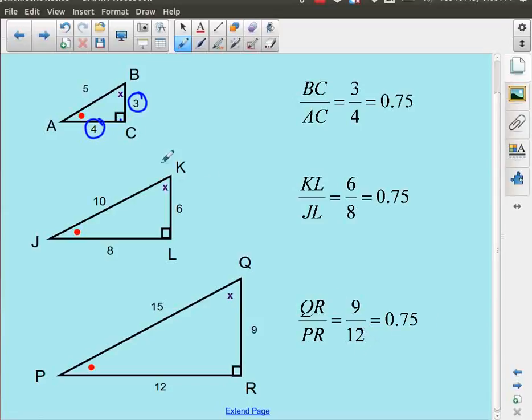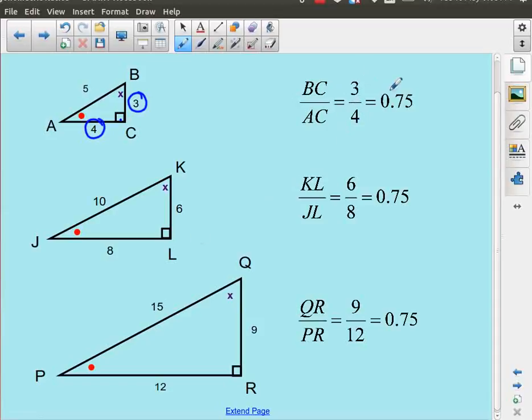So in these triangles, they're already similar to each other. But once I have similar triangles, which says something about their angles, now I end up with this interesting idea that the ratio between, in this case, the vertical side and the horizontal side is actually independent of the size of the actual sides. All that matters here is the ratio.